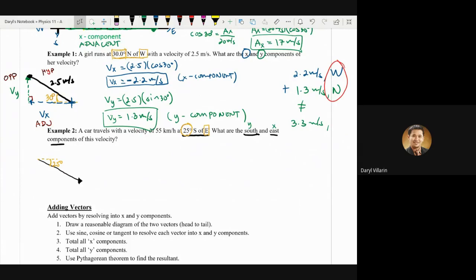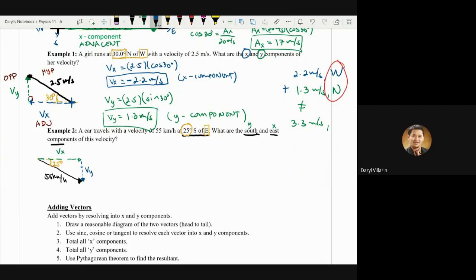So now, the magnitude of this one is 55 kilometers per hour. My x component is this one here, so this is my Vx. And then Vy is going down. Remember that the arrow of my Vy is going down.